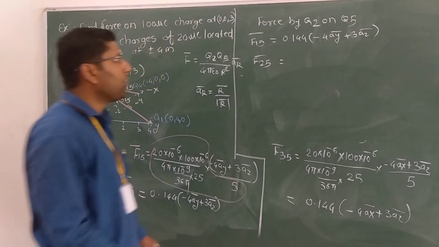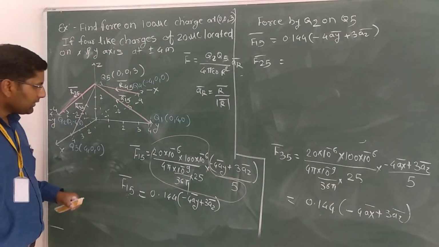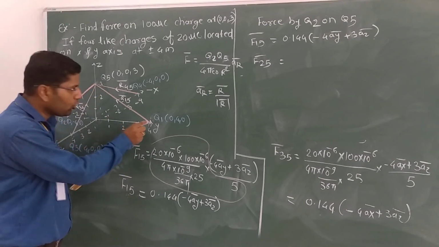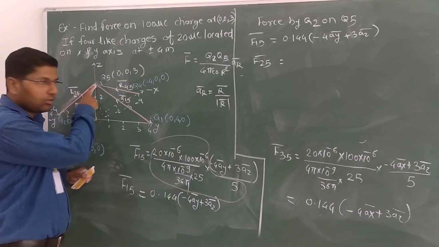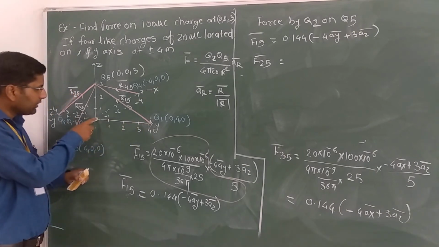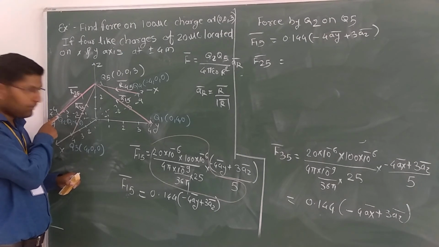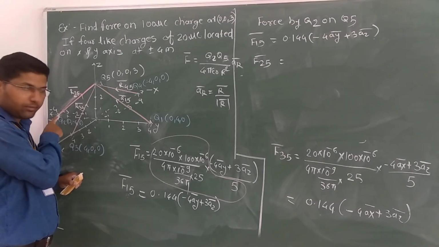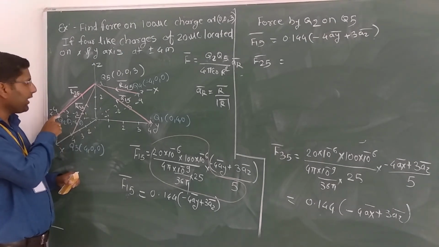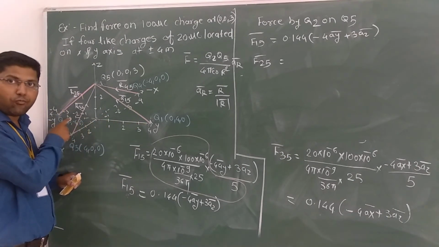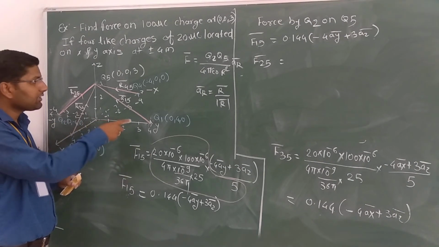How to calculate F25 bar? See here in this figure, F15 bar is the force by the charge Q1 on the charge Q5. Equal and opposite direction means from the origin to this point. What is the force by this value on this? So what is changing? The direction of the y-axis, not the direction of z.